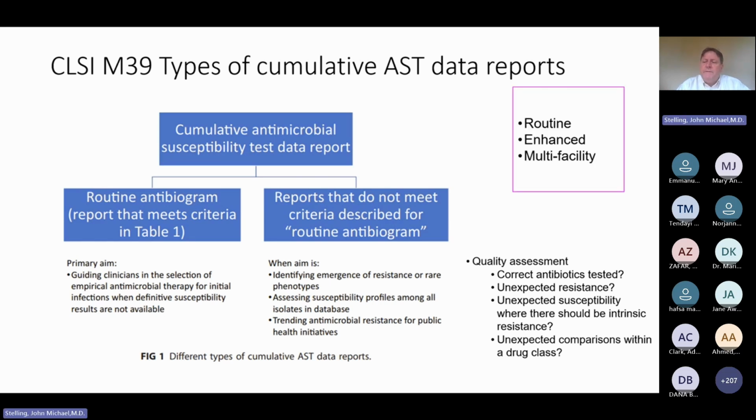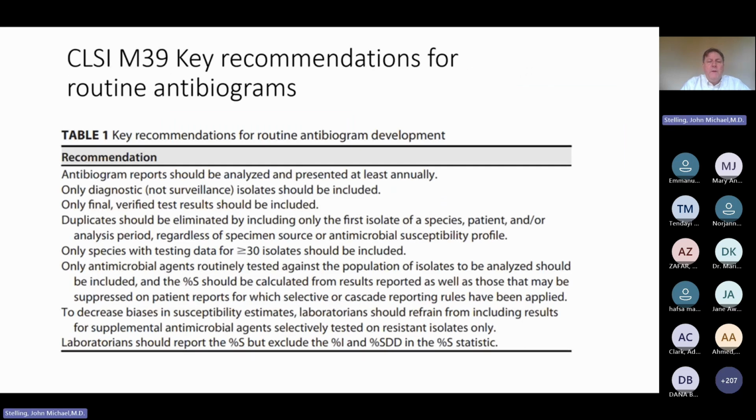I'll refer to 3 kinds of antibiograms: routine for empiric therapy, enhanced for special uses, and then an example of enhanced is multi-facility if you are in a hospital network or in a national program. This M39 document is a commercial document that one can purchase.